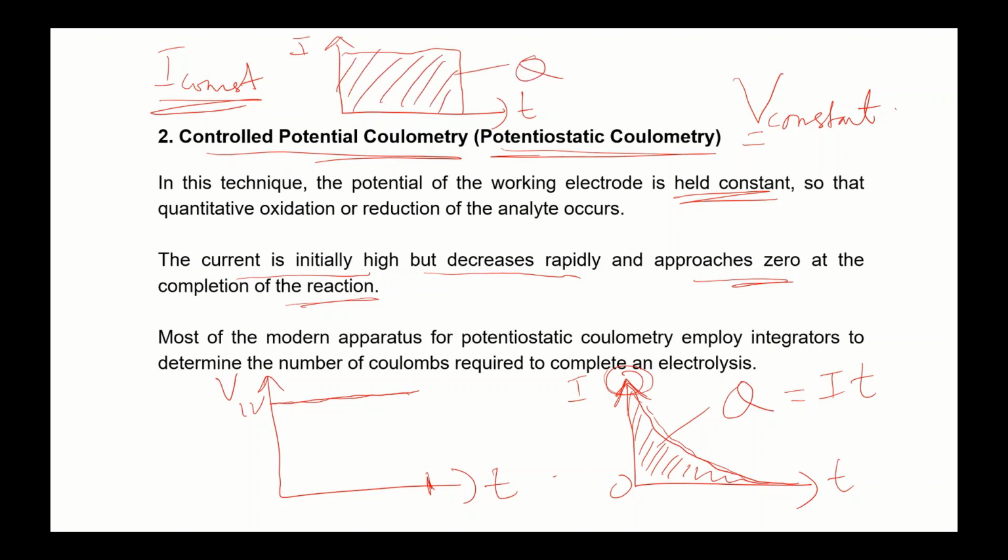This is Q. This is for potentiostatic, and this is for galvanostatic, where you can calculate Q as the constant I times T. So you can calculate coulombs. For this reaction, you plot V versus time and you should get the current flowing with time.